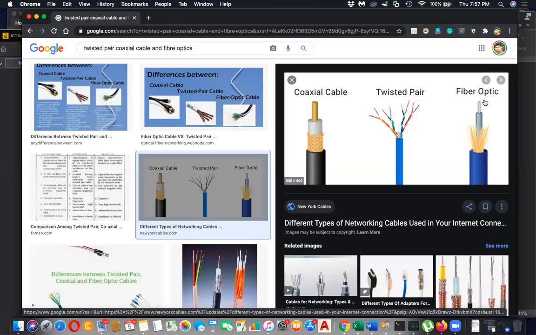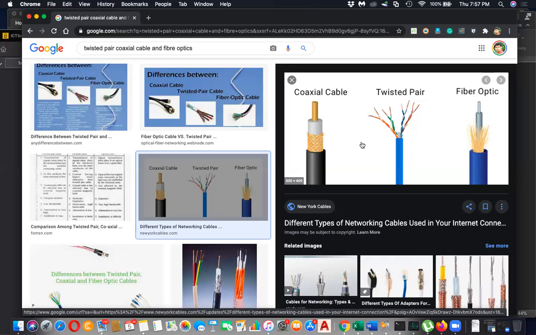Yes. Both of these copper wires are using electrons, but this one is using light to send data. So the advantage is no electromagnetic interference from outside, and you can send data over a long distance.